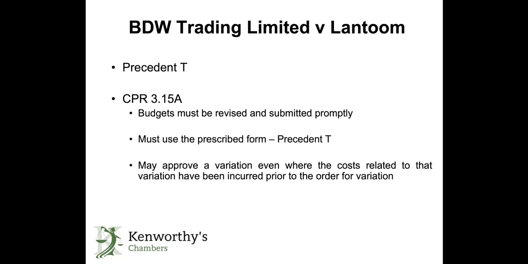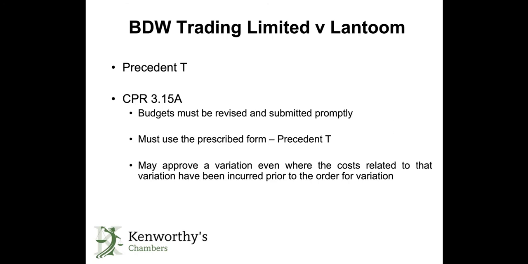The first point, and this is the final bullet point on the slide, resolves an issue that had caused some headaches at case management conferences and also for practitioners preparing cost budgets. And that was effectively whether or not one could seek a variation in respect of a significant development for which they had already incurred part of the costs.